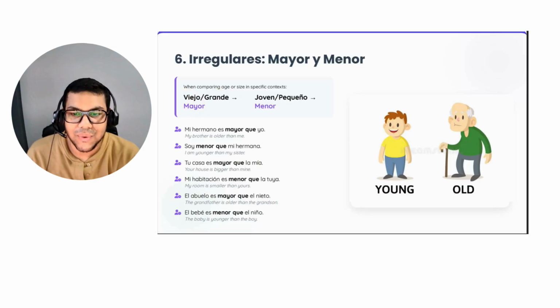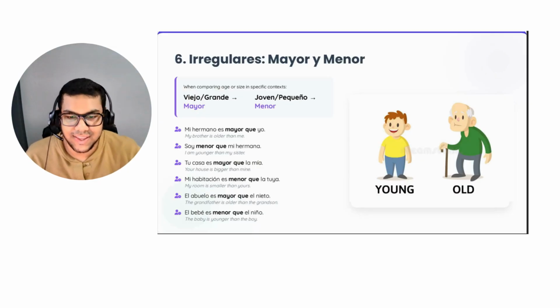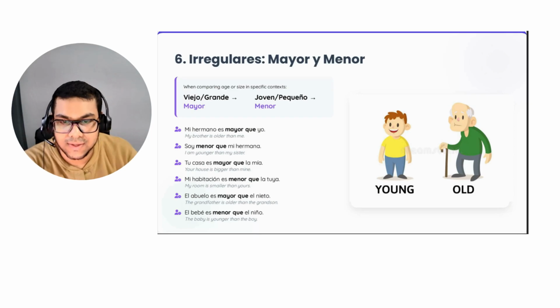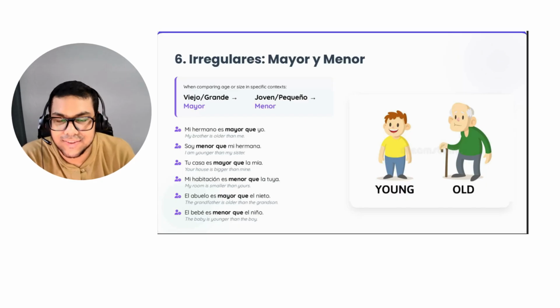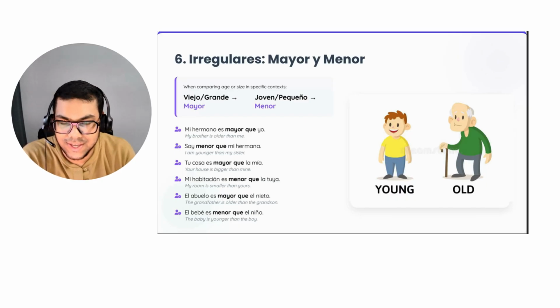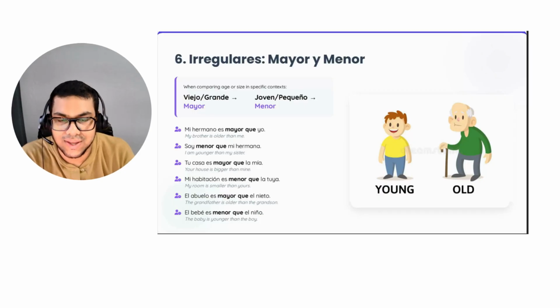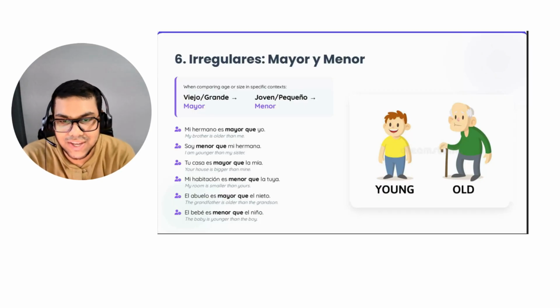And why am I not saying grande as opposed to the first example that I gave to you? In this case, it doesn't refer to size, but actually refers to the age of the house. So the English is a bit off.